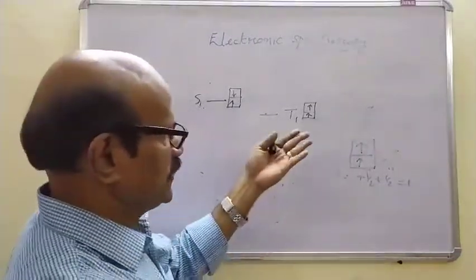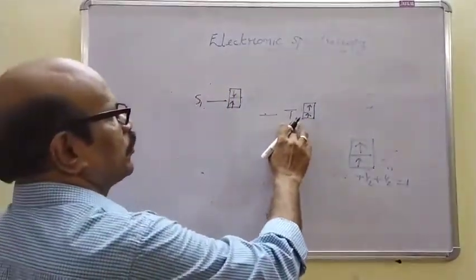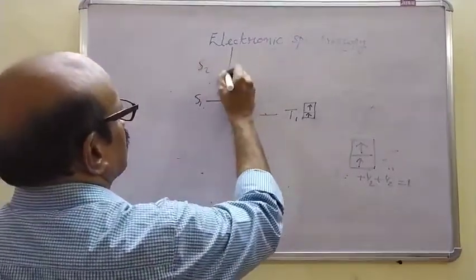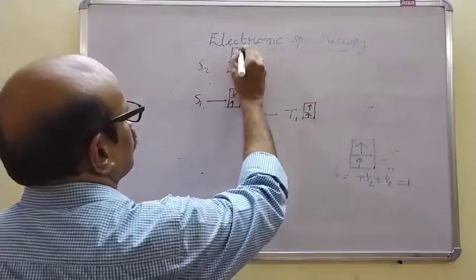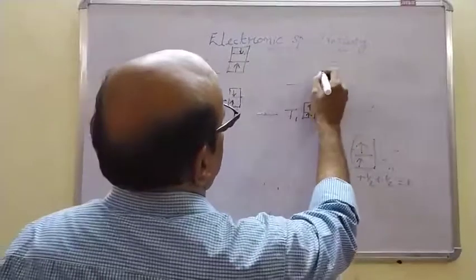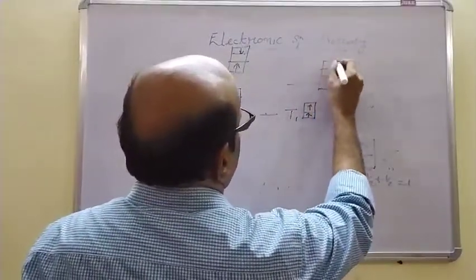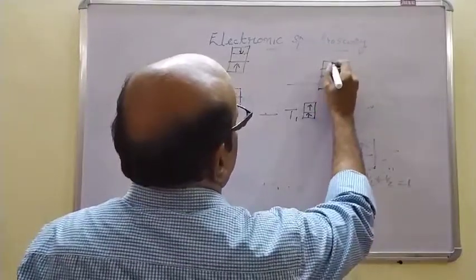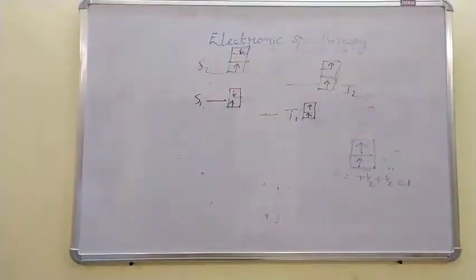Then similarly, we have the S2 state, like this, corresponding to which there is T2, like this. This is T2. It is slightly lower in energy than T1.